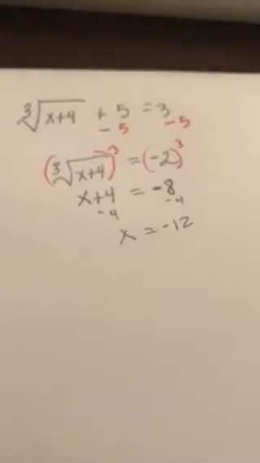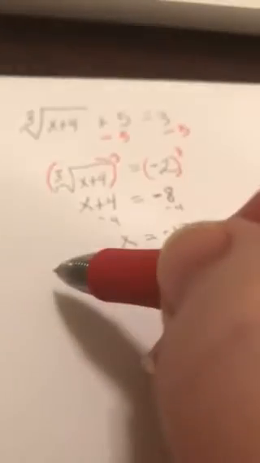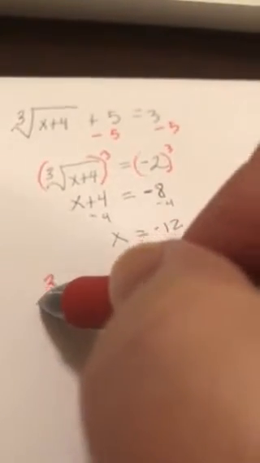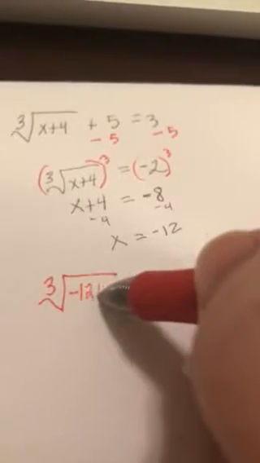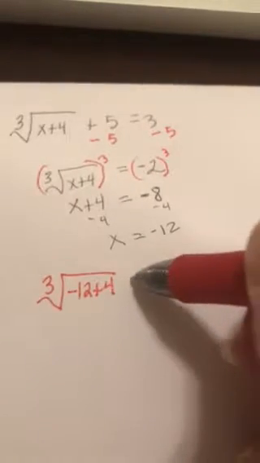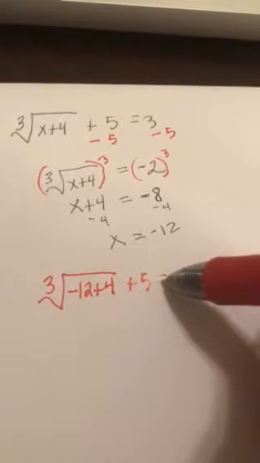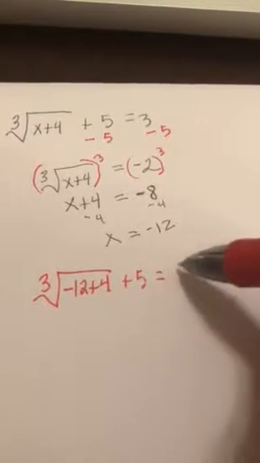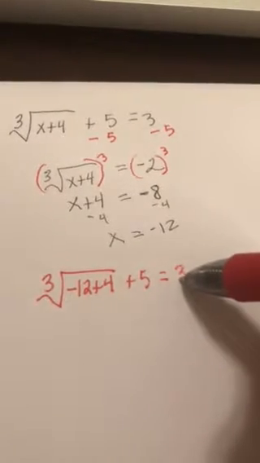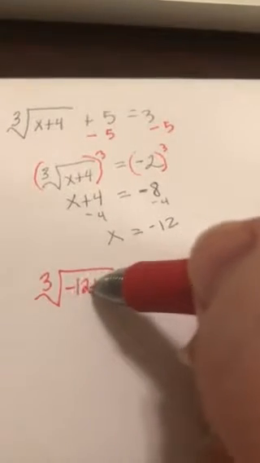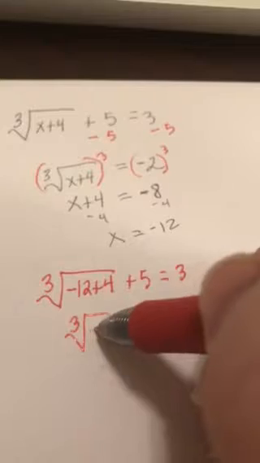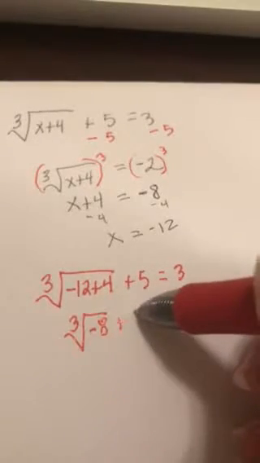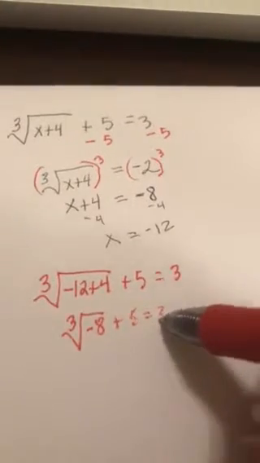So let's check it. Let's find out if that works for this problem. We have the cube root of negative 12 plus 4 plus 5 should equal 3. Let's see, negative 12 plus 4 is negative 8. So the cube root of negative 8 plus 5 equals 3.